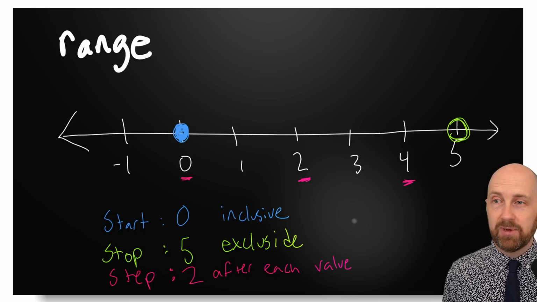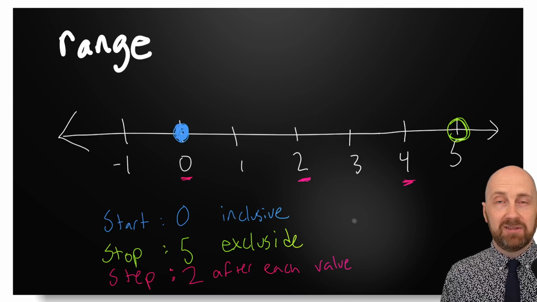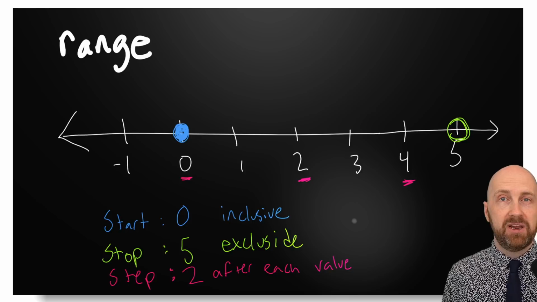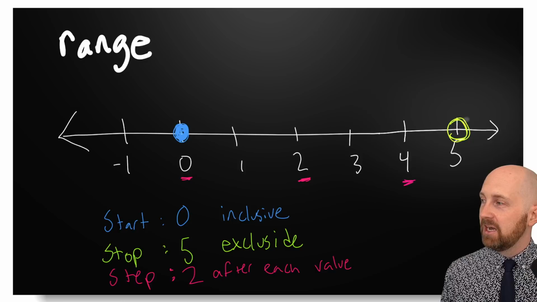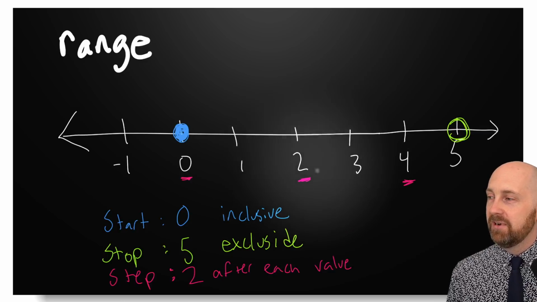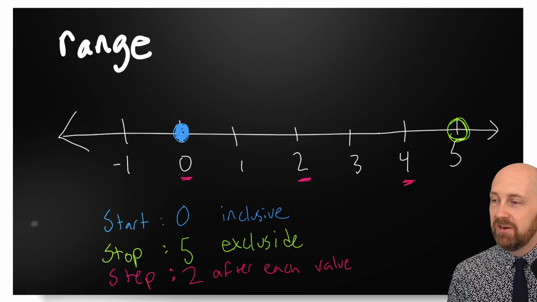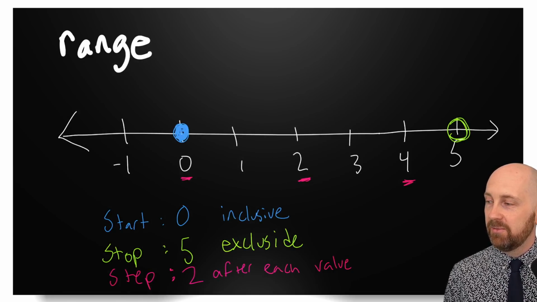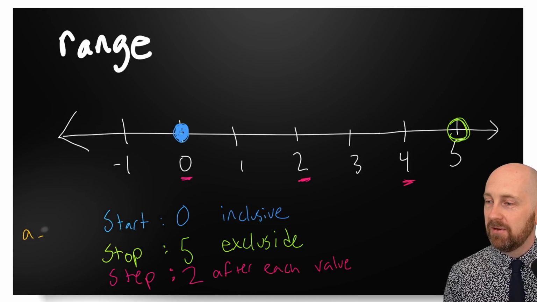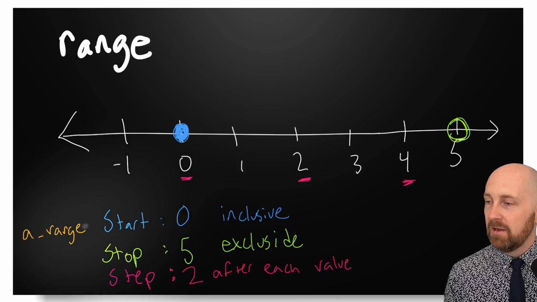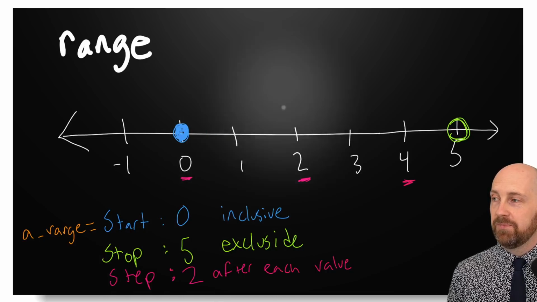So one of the things that's interesting about a range is, based on these 3 values, the start, the stop, and the step, you can ask for any particular item in the list, like give me the third value in this range, and we can calculate that directly, right? So let's imagine in this example, we wanted to figure out, well, what is the third value? Or if we imagine this range, let's call this range a variable name such as a range, it is going to have these properties: a start of 0, a stop of 5, and a step of 2, right?